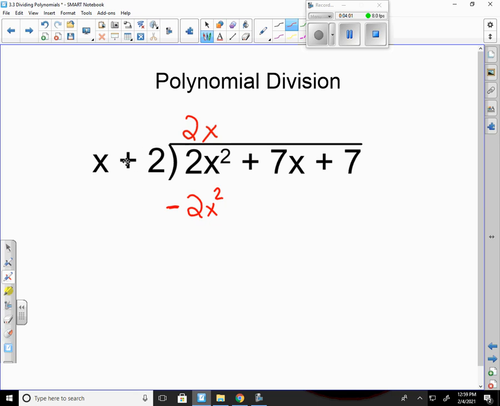Now that doesn't mean I get to leave my 2 just hanging out here. I also have to do 2x times 2. 2x times 2 is 4x. Now, this was originally minus 2x squared plus 4x, but I'm going to distribute my negative so that that all becomes a minus. So it's minus 2x squared minus 4x.